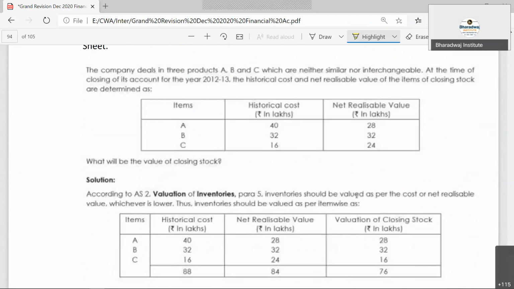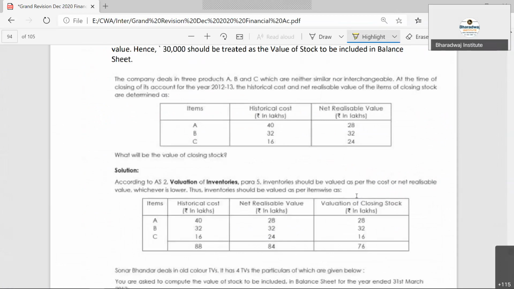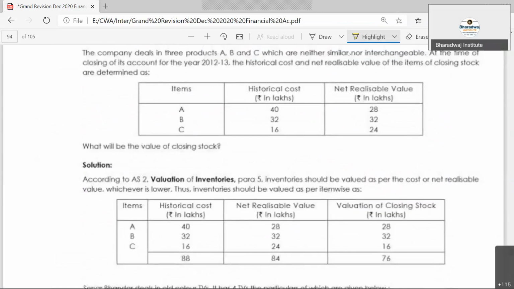Okay, this I've taken from ICMA material only. This is one of the very famous or repeated questions in the exam. For every item, you have to compare the cost or NRV, whichever is less, and take it. For this, you will take 28. For this, you can take anything, 32. For the next one, you take cost or NRV, whichever is less.